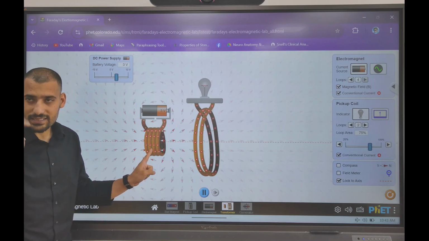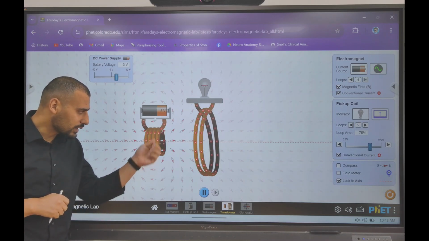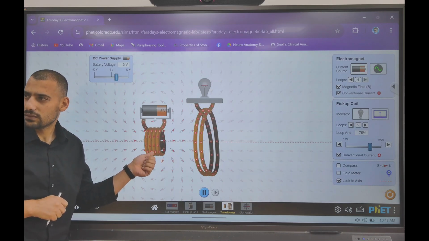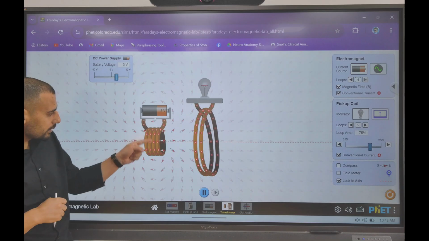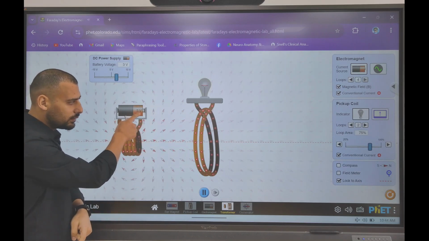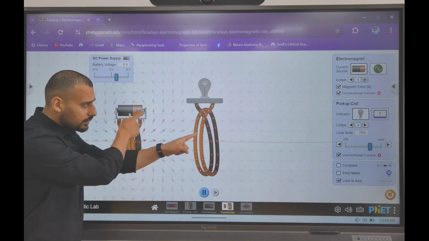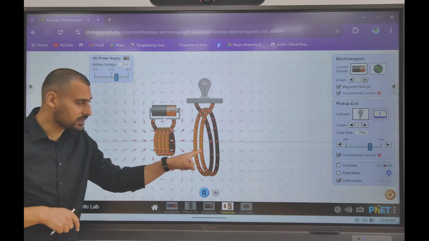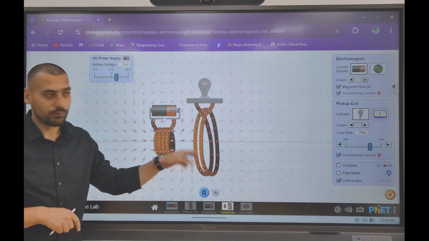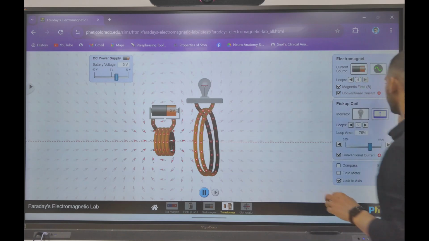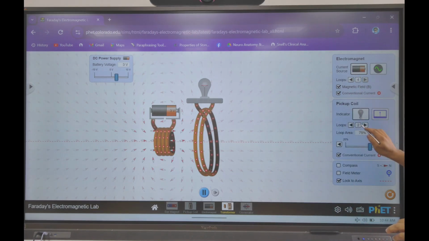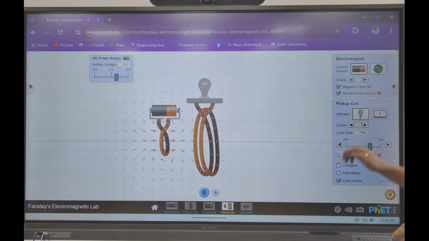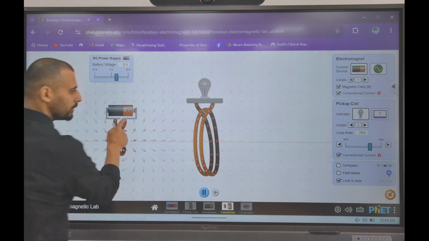The second realization that you will have. The current here, is it flowing very fast? No. Yes? As compared to here, see. The flow here is fast as compared to the flow which is here, isn't it? But now see what is happening. Now see what will happen.